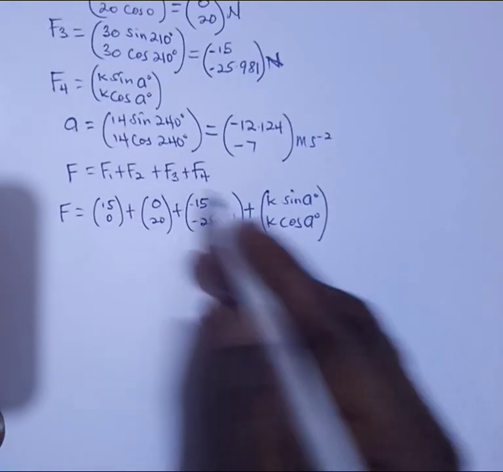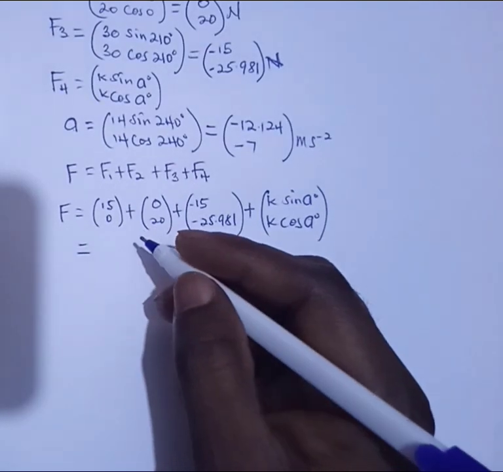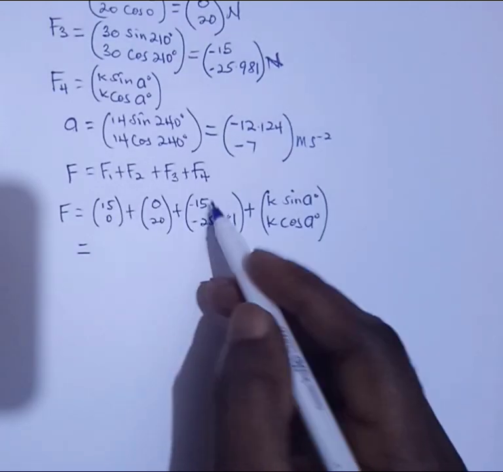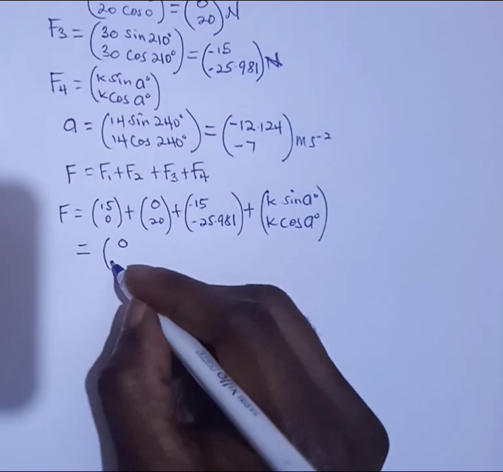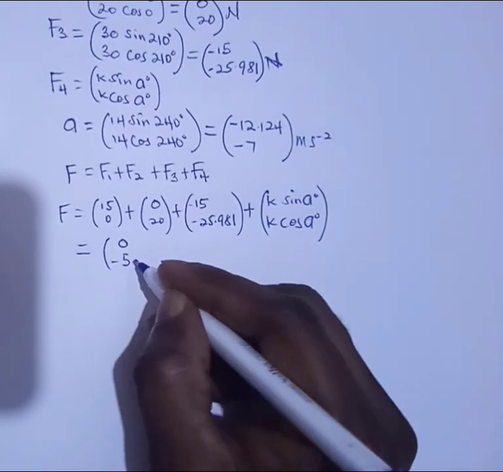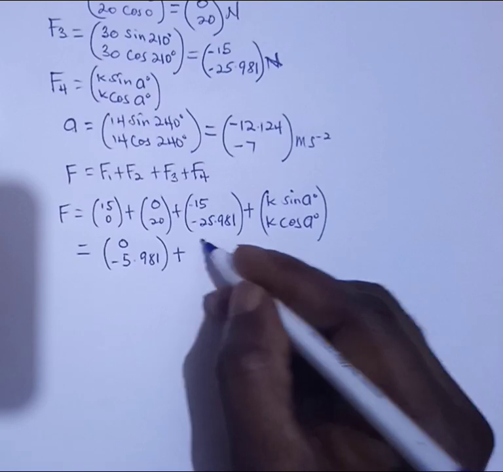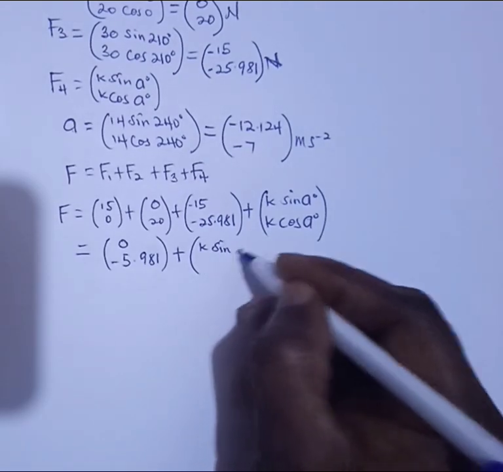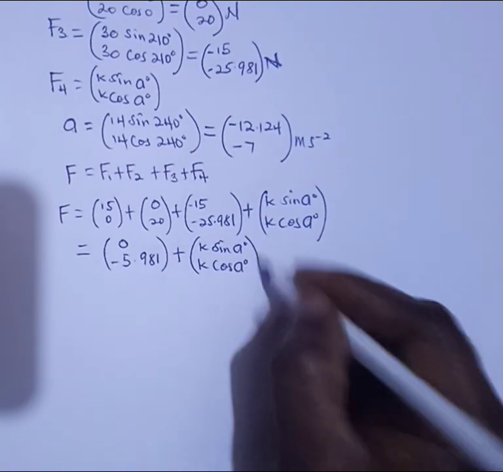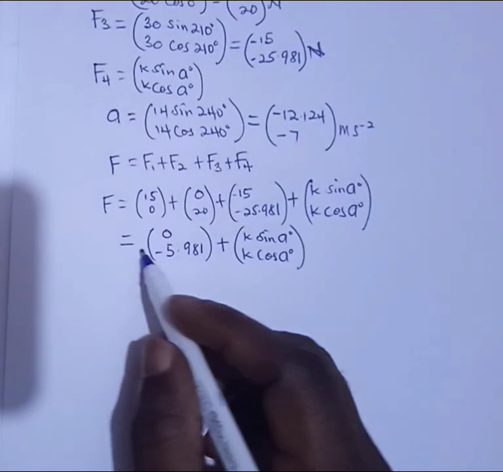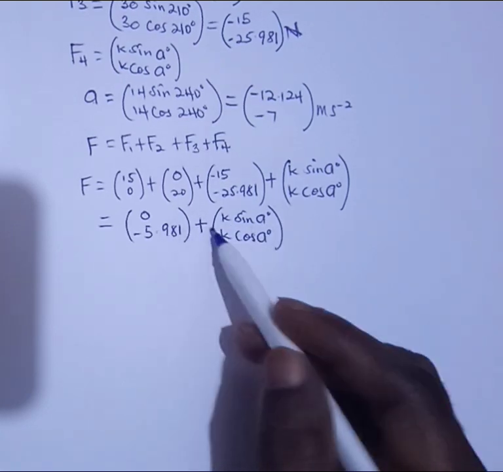If we add this and this, then we are getting 0 here, and negative 5.981 plus k sine A degrees and then k cos A degrees. All right, good. So this is the resultant force. Have we gotten that? Because we don't have real values here, that's why we are getting this.